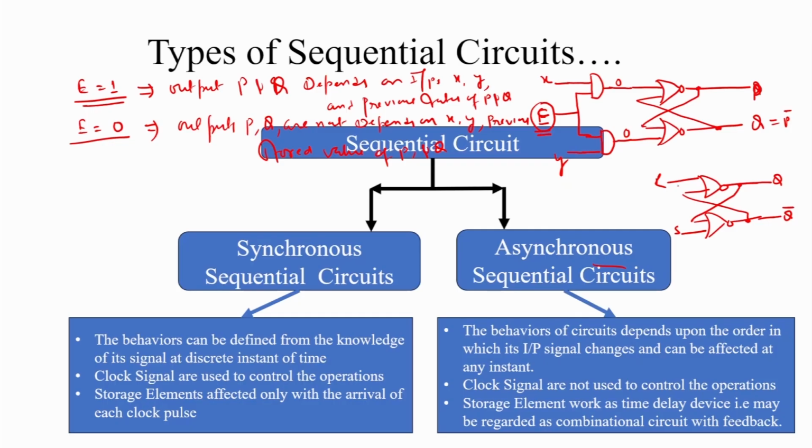So, when the values of inputs are changed, their outputs are also changed immediately. But in this circuit, suppose someone incidentally changes the value of x and y, then the output change is not reflected immediately. Why? Because this also depends on the enable input.